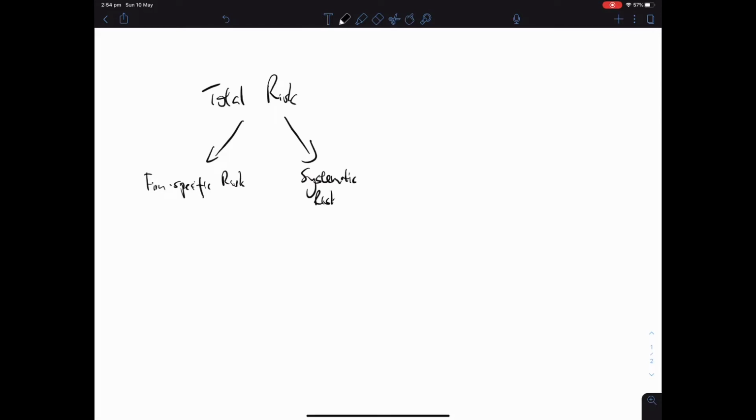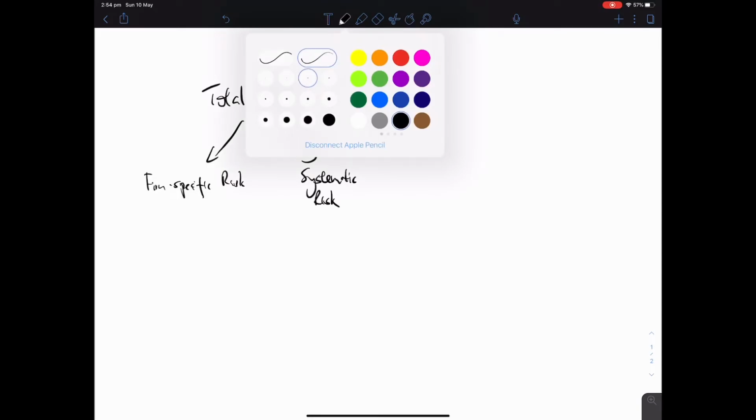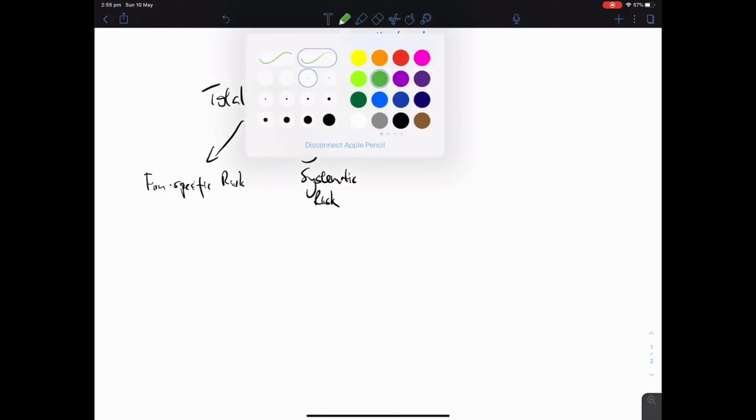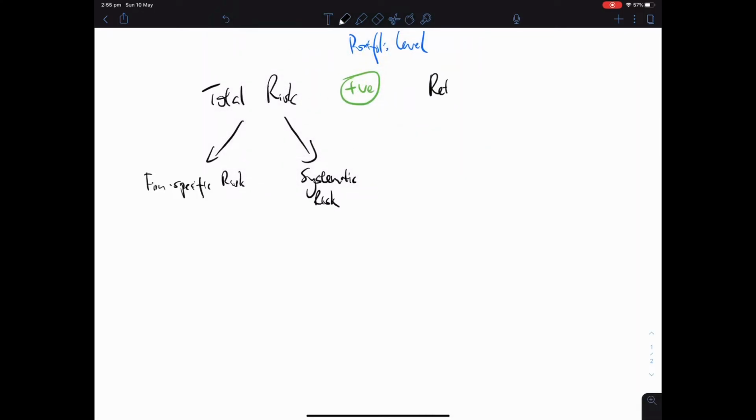And we have seen that at the portfolio level, when you're holding a large portfolio, empirically we see a positive relationship between risk and return, where risk is measured by sigma, or standard deviation, or volatility, or variance.